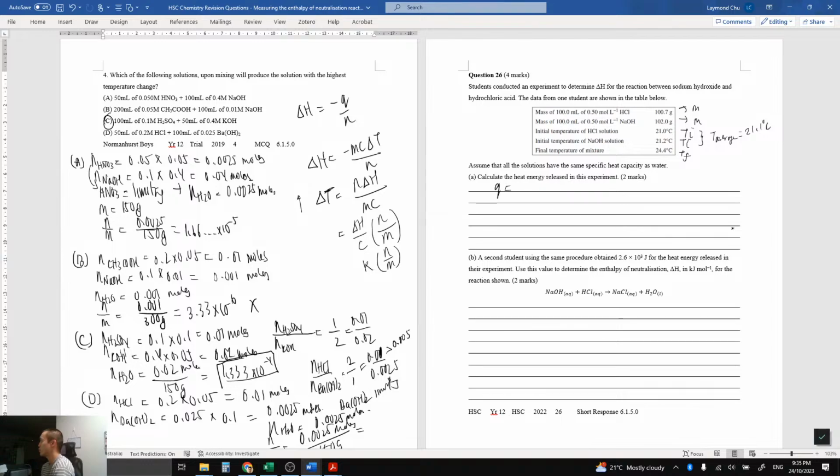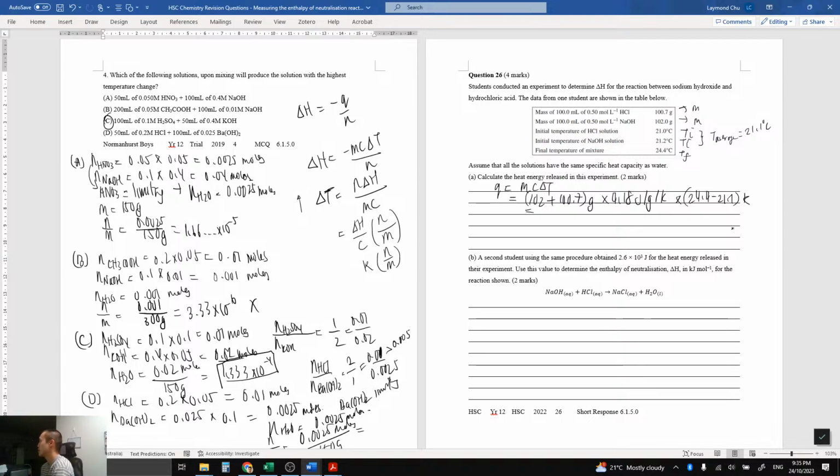Heat energy is this Q, mc delta T, where mass is the combined mass of these in grams, times the specific heat capacity of water, times delta T, which is our final temperature minus our initial temperature, which is 21.1, Kelvin, sorry.